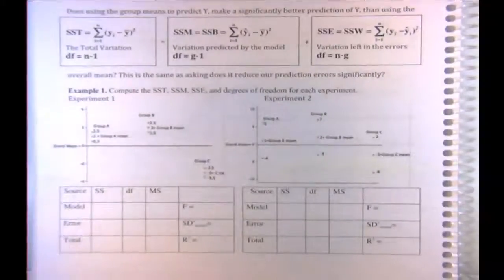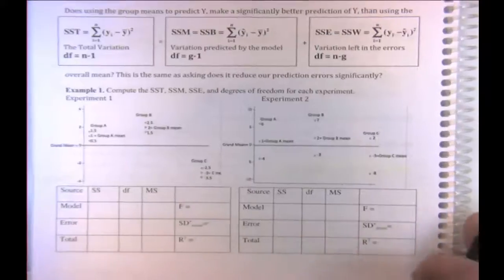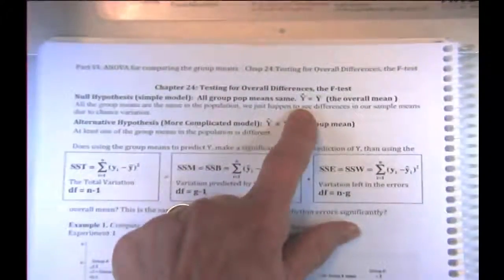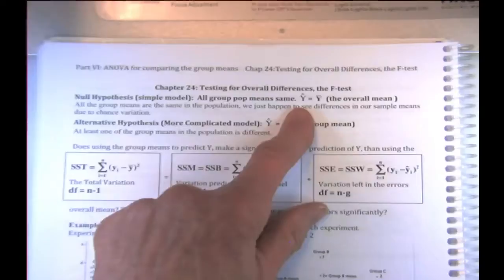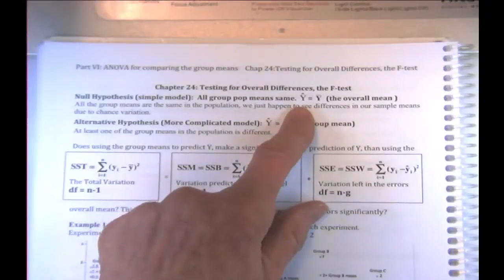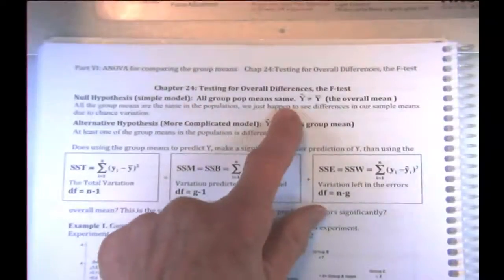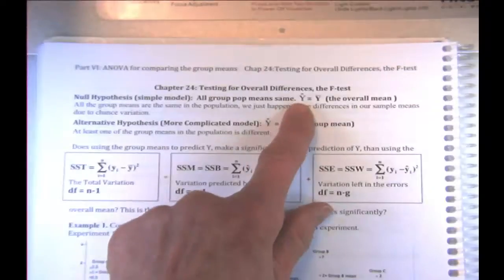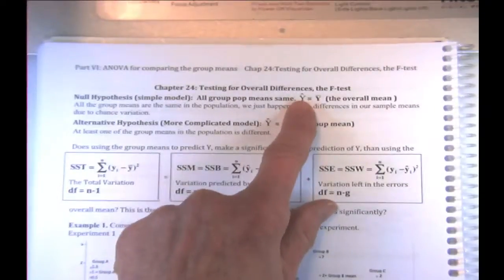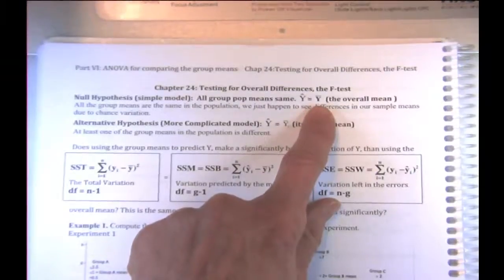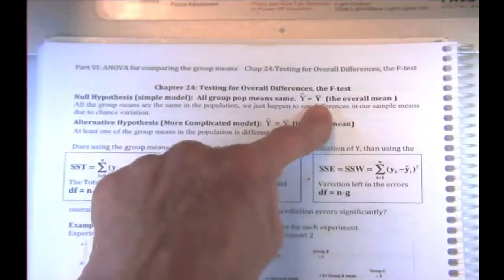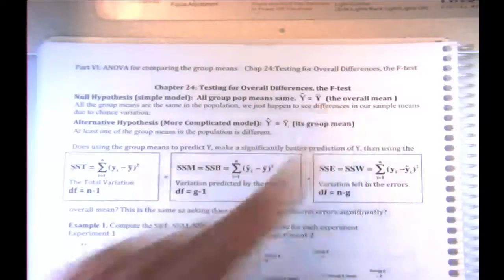All right. So for the null hypothesis, all group population means are the same. Another way to say that is that our y variable, that quantitative variable we're measuring, if all the group means are the same, we might as well just predict y by the overall average of all the y's. Our x variable here doesn't appear.